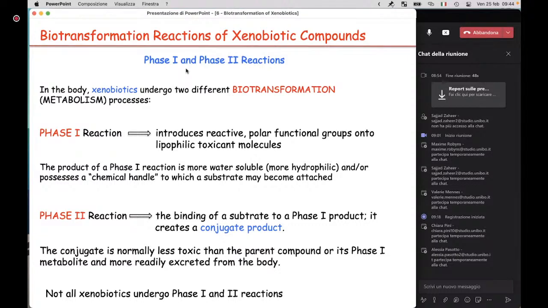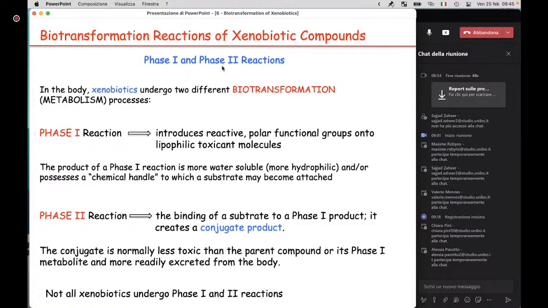Regarding the specific part of biotransformation, we have two big phases in biotransformation reactions. They are called phase 1 and phase 2 reactions.